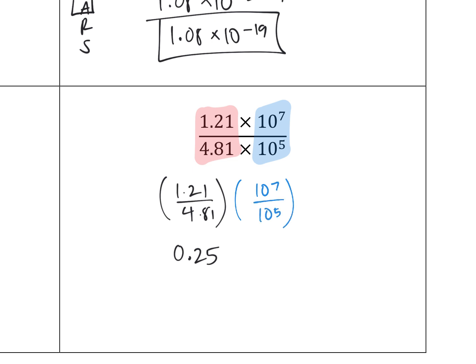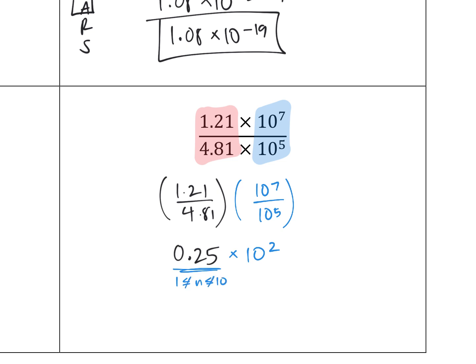And when I divide, I'm going to subtract my exponents. So I have times 10 to the negative 2nd power. Oh, sorry, I mean positive 2. And then this number right here is not in between 1 and 10, right?